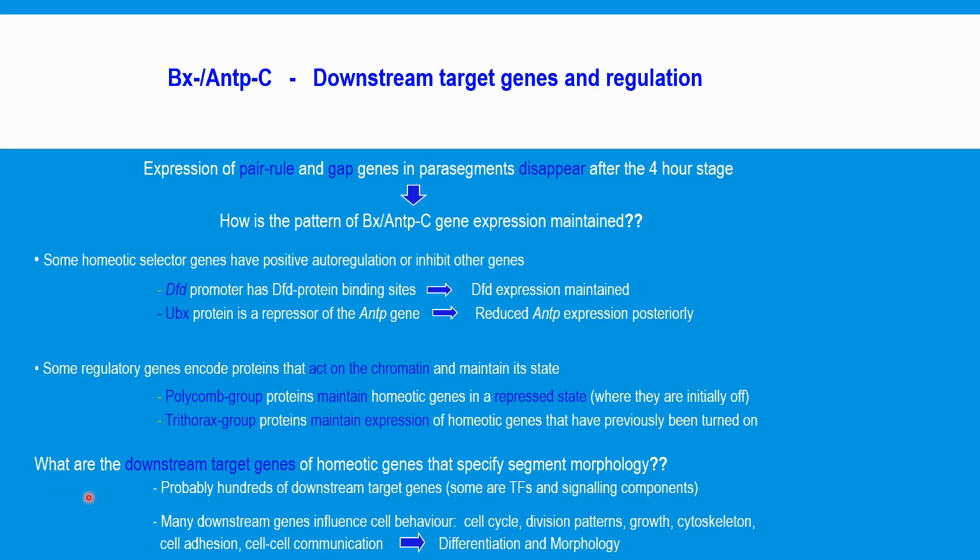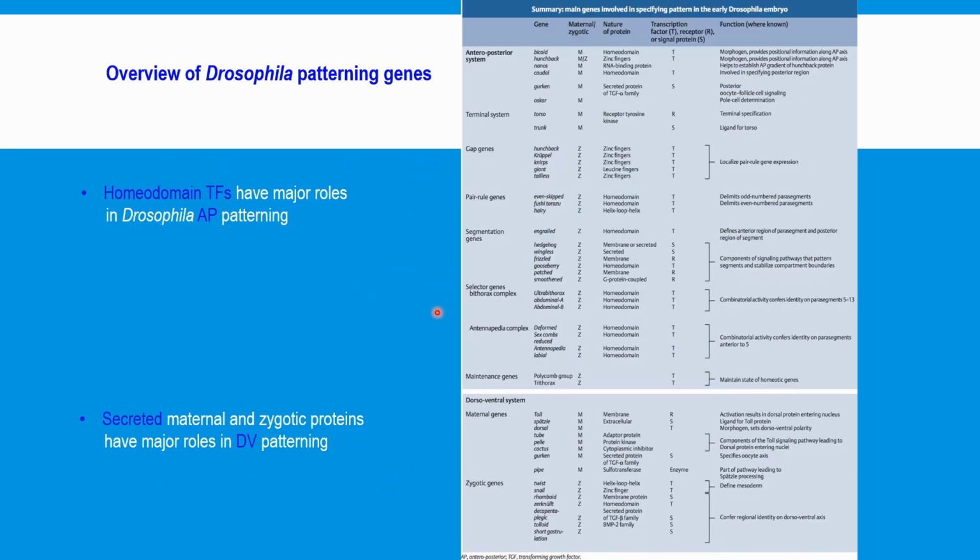So it's very complex. Many of the downstream targets will influence cell behavior, including cell cycle, growth, cytoskeleton rearrangements, cell adhesion, and cell-cell communication. All of these things contribute to the final terminal differentiation and the morphology, how those cells look, right? So it's complicated, but you shouldn't be disheartened that we're not going to explore further at this stage.